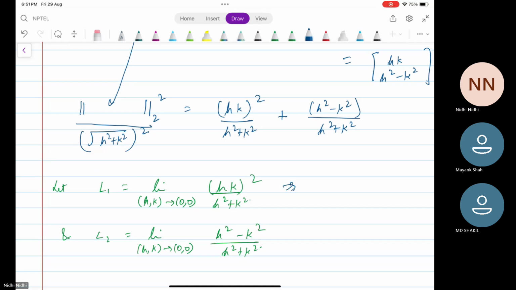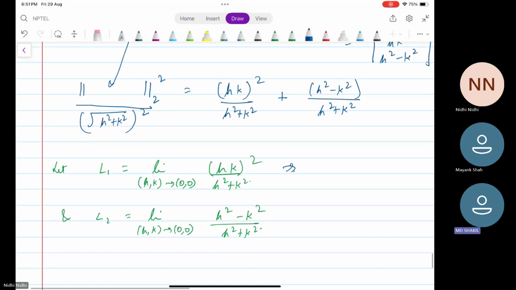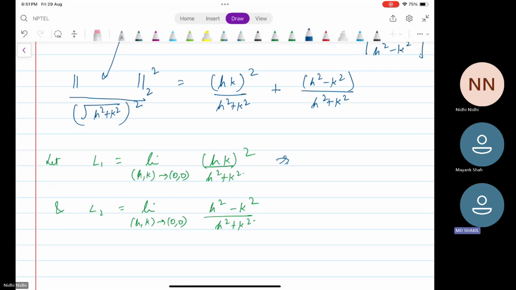By putting h to be r cos theta and k to be r sin theta, I have r square cos theta sin theta, r to the power 4, and the denominator will be r square. As r tends to 0, it will equal 0.